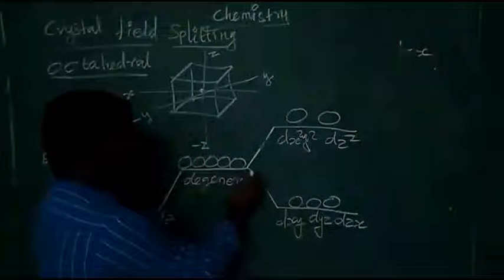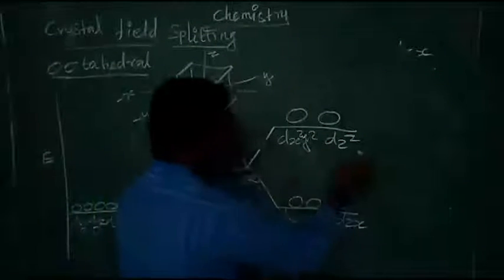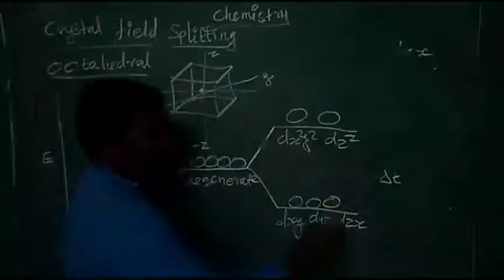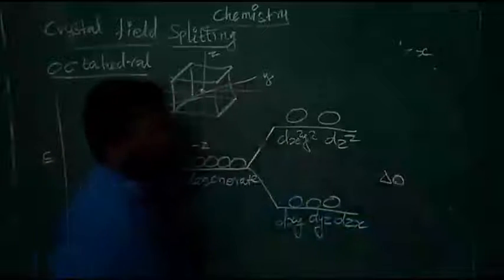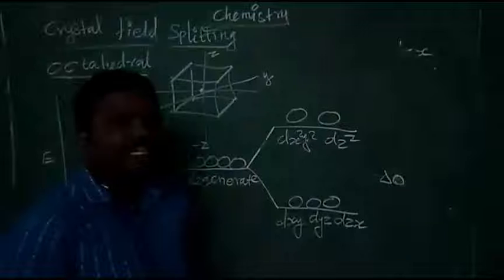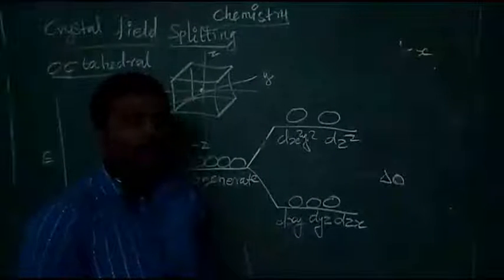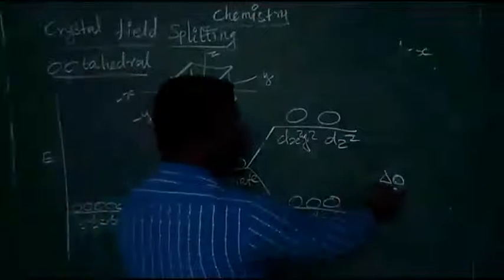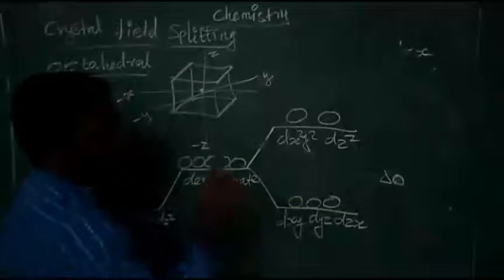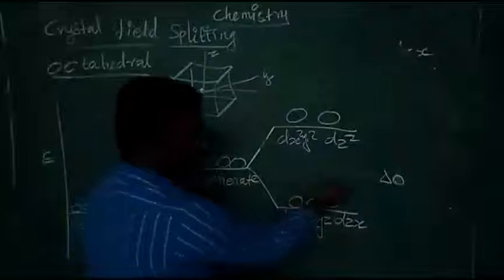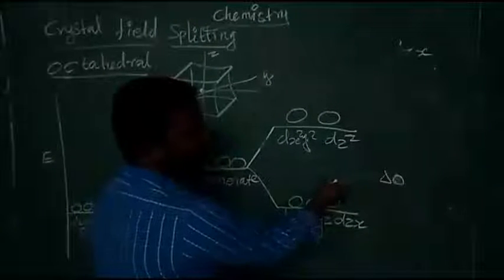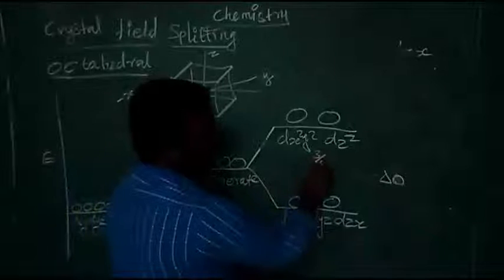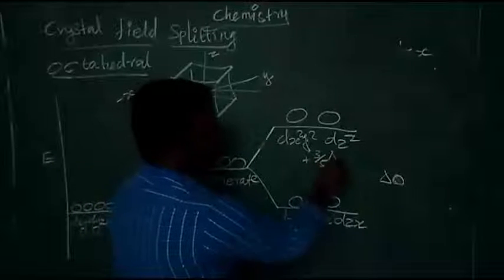What is the average energy level? This is the average energy level. This is called delta O. What do you mean by delta O? The average energy of orbitals in the octahedral field. From this average energy, how much is it increased? 3 by 5 delta naught.